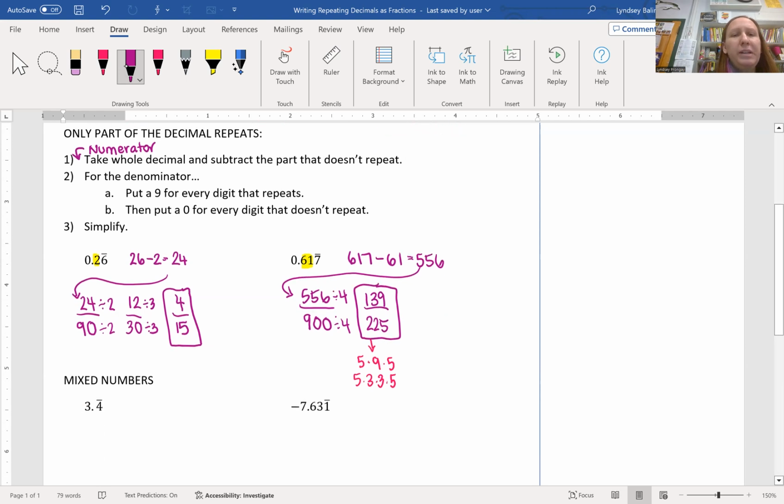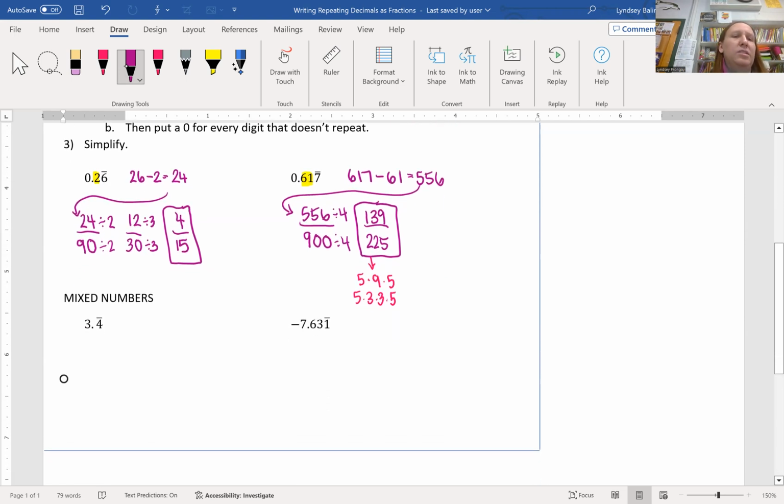Okay, and then real quick, let's talk about some mixed numbers, because these tend to freak you out and it's not bad at all. If it's 3.4 repeating, we're still going to do the 0.4 repeating like we did above. So 4 is our numerator. There is one digit that repeats, so our denominator is 9.